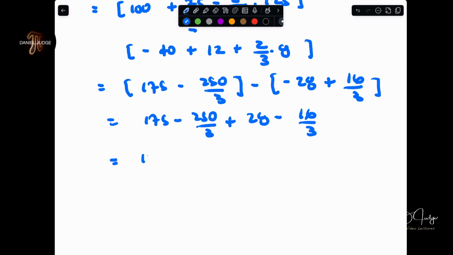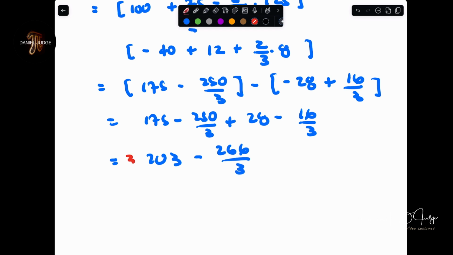Okay, so I'm going to do some arithmetic here. 175 plus 28, that looks like it's going to be 203. And then negative 250/3 minus 16/3 looks like that's negative 266/3.